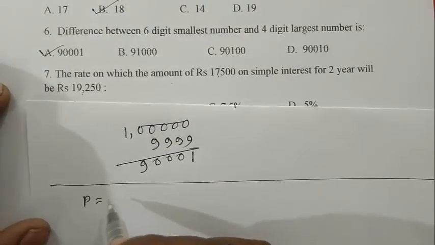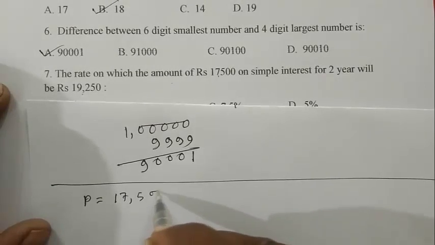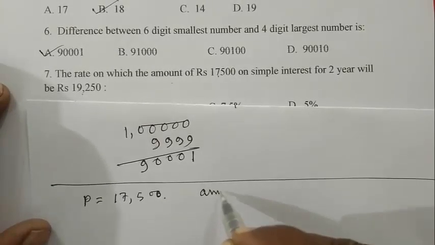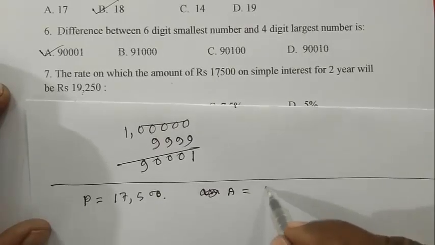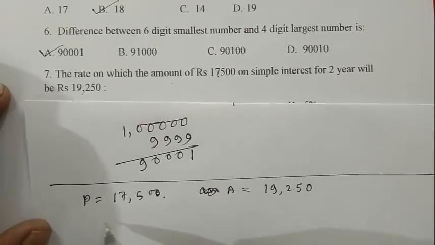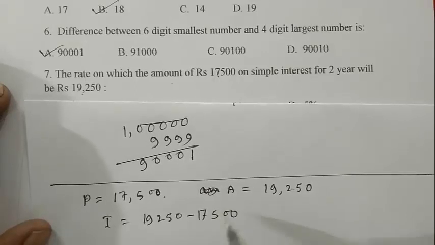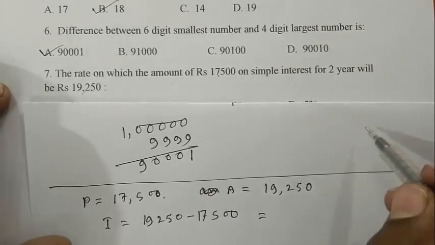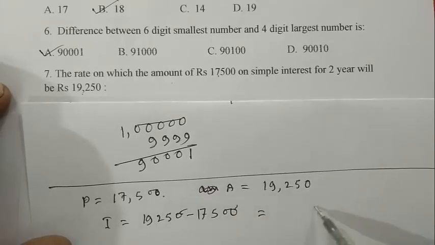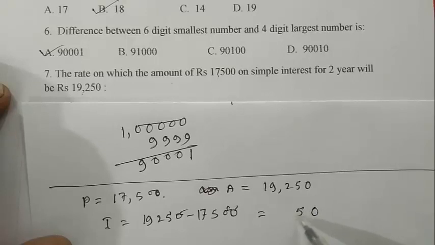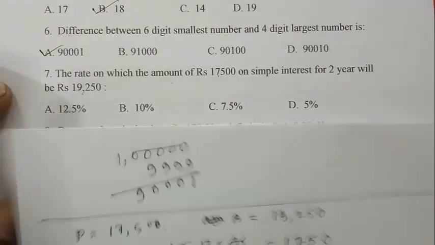Principal is 17,500, amount A is 19,250, interest equals 19,250 minus 17,500, that becomes 1,750.